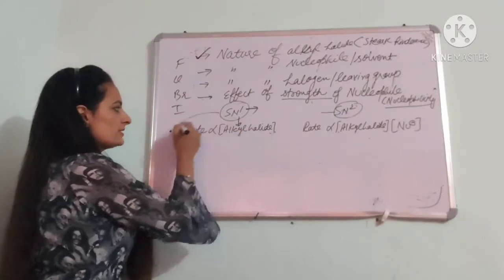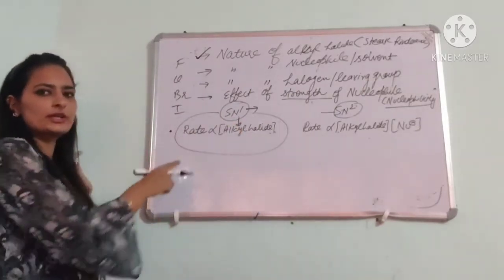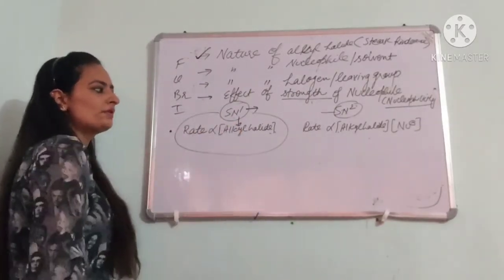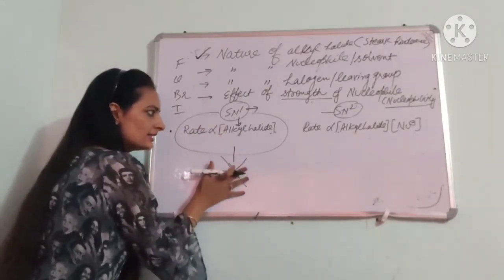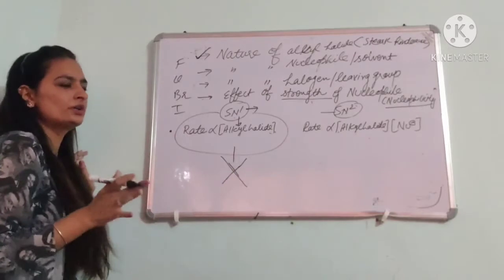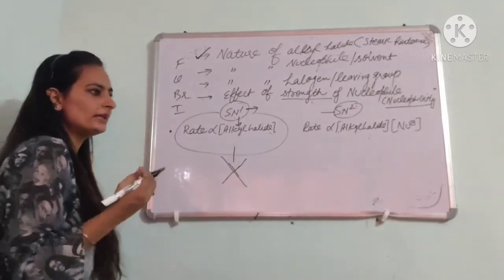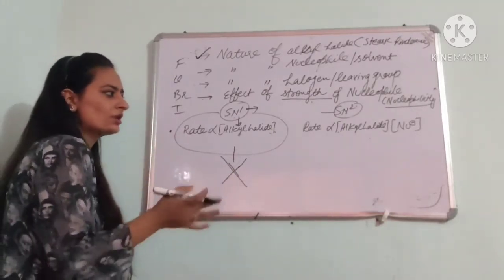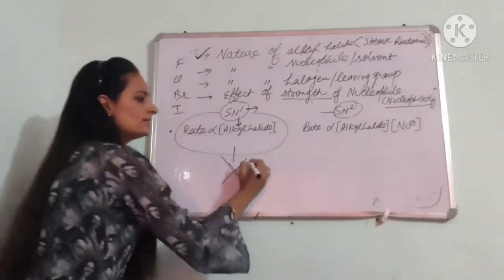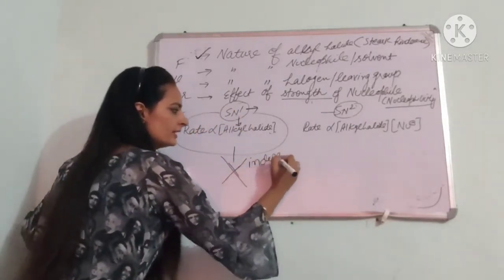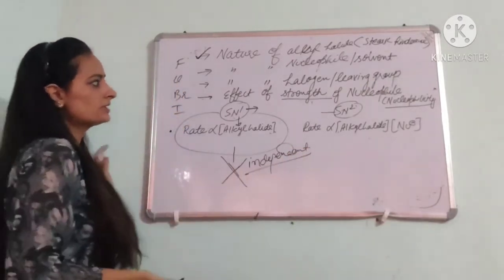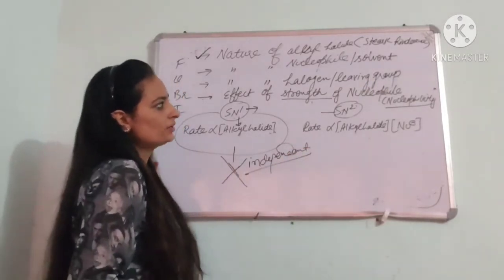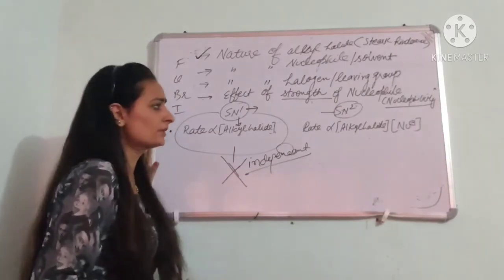In case of SN1, you should see the rate of reaction. The rate of reaction is independent of the nucleophile. So this reaction doesn't depend upon the strength of the nucleophile, whether your nucleophile gives the electron pair readily or not. The SN1 reaction is independent of the strength of your nucleophile, that is, it doesn't depend upon the nucleophilicity.